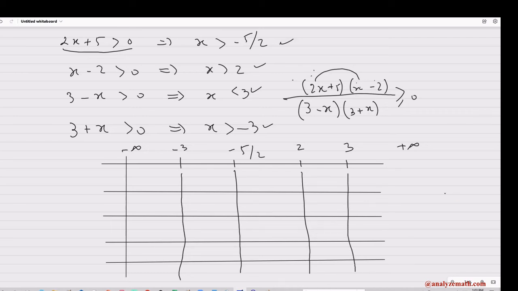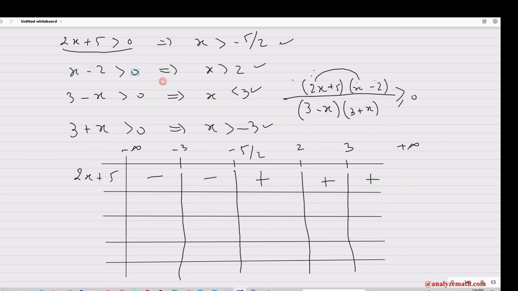Now we start. 2x plus 5 is positive when x is bigger than minus 5 over 2. Minus 5 over 2 is here. So 2x plus 5 is positive here, here, and here, for all values of x bigger than minus 5 over 2. Here it will be negative.